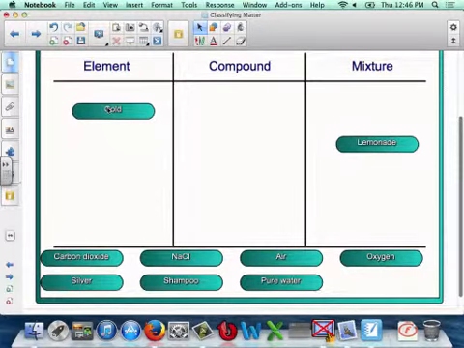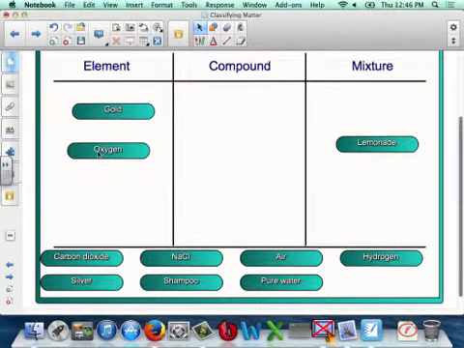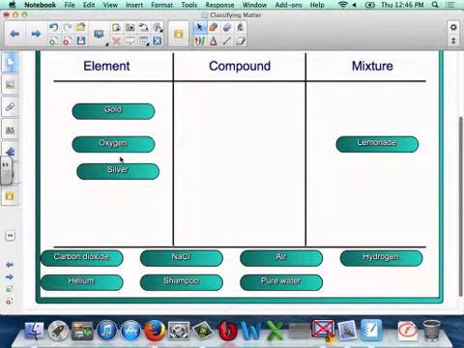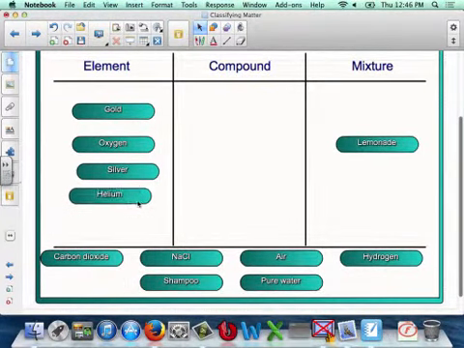Allie. Oxygen is an element. Very good. Nick. Silver is an element. Michael. Helium is an element. Very good.